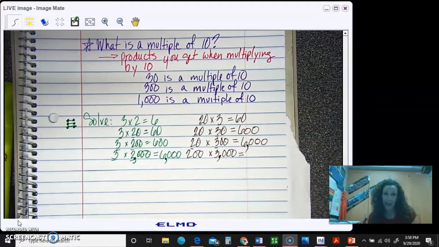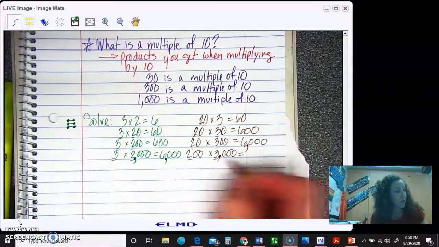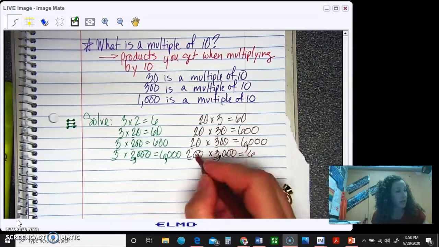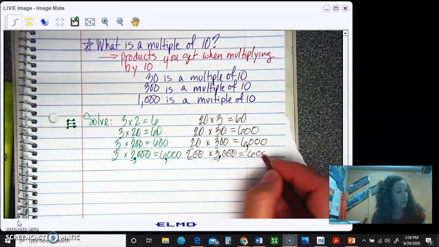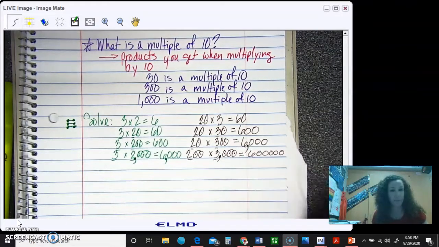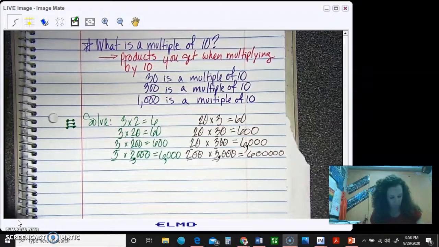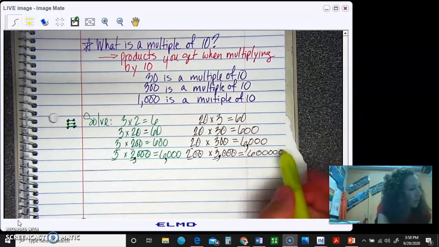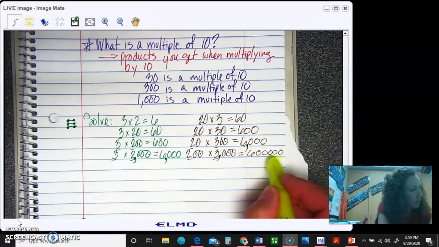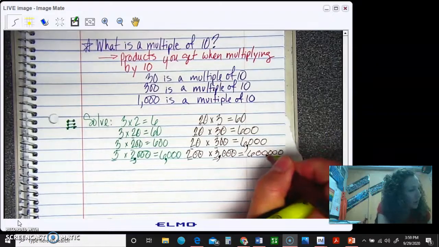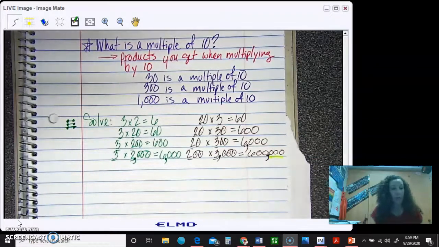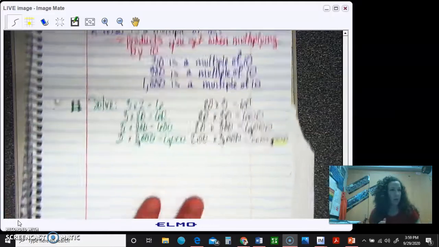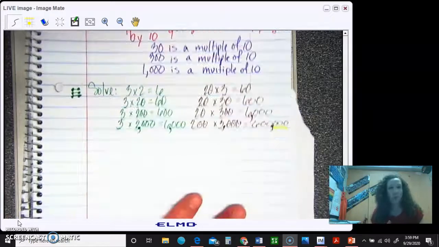Once again, you can do this in your head. It is simple. 2 times 3 is 6. We count our zeros. 1, 2, 3, 4, 5. Commas. 1, 2, 3. So I put a comma right there. Okay? It's all about patterns.